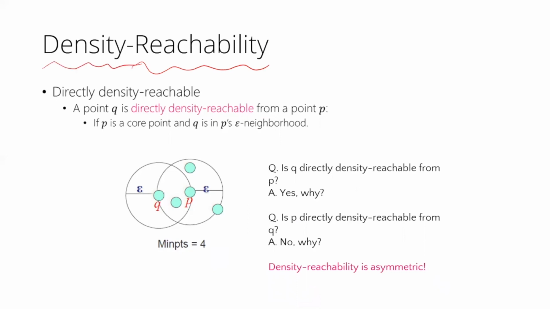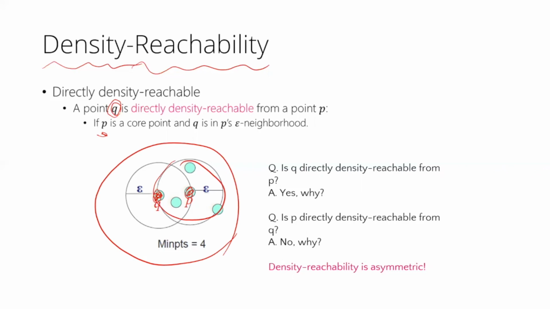According to the definition, a point Q is considered to be directly density reachable from a point P if point P is a core point and Q is within the neighborhood of point P. If you look at this diagram, Q is within the neighborhood of P and P is a core point. So we can say Q is directly density reachable from point P, but the opposite doesn't hold true.